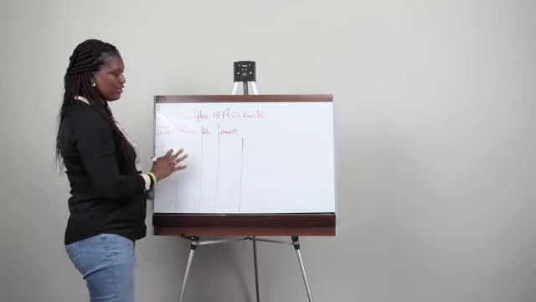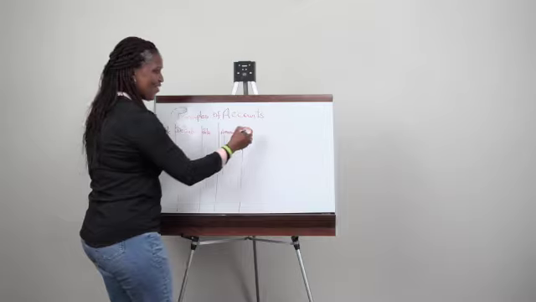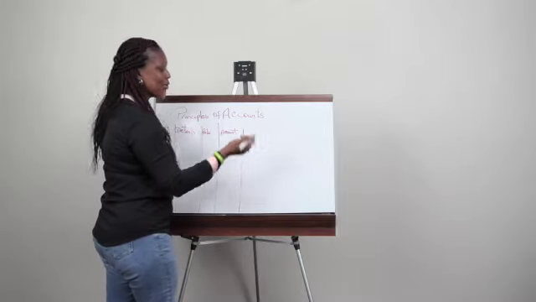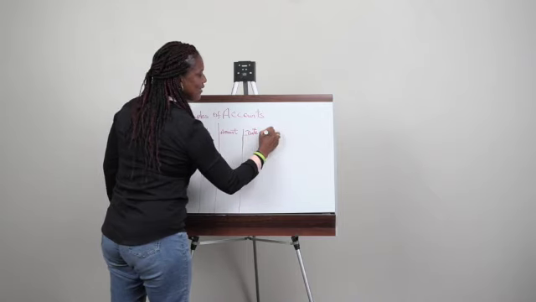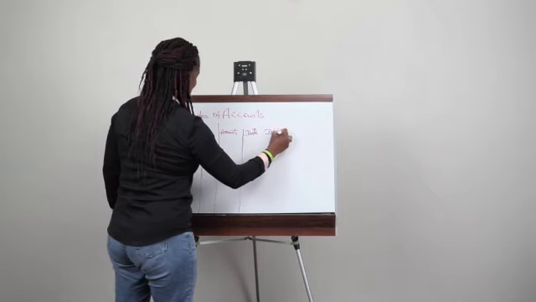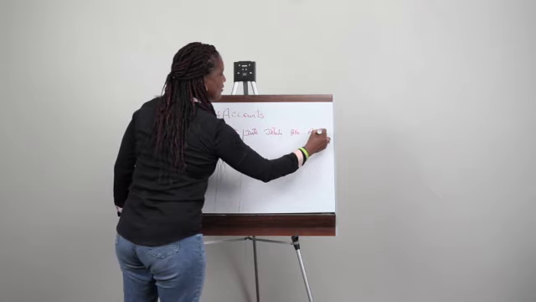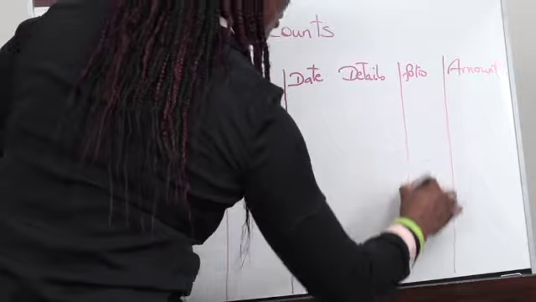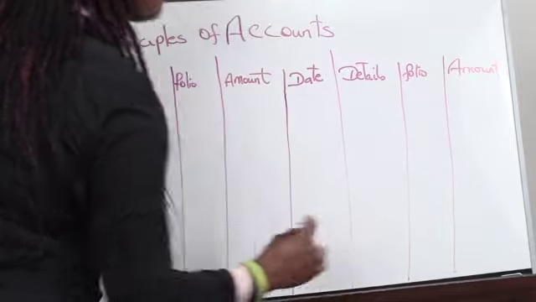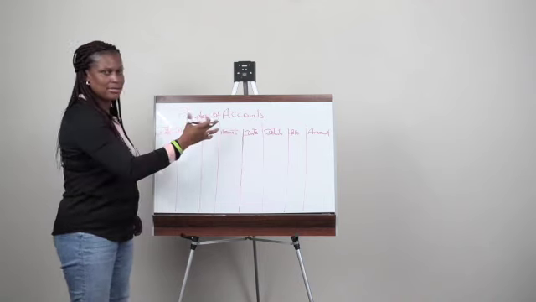So this is on the left-hand side. And on the right-hand side of your book, it's the same thing. So you just continue. Date, details, folio, amount. And the columns are there for you. So if you have a ledger, your ledger will look something like that, pre-ruled.